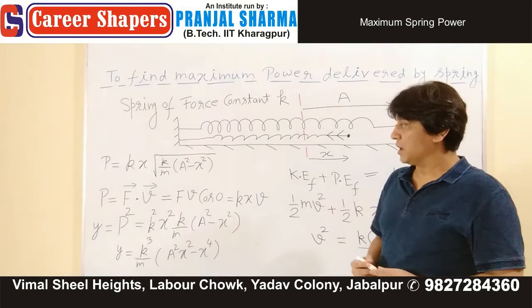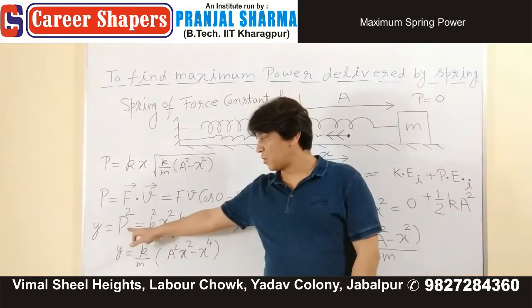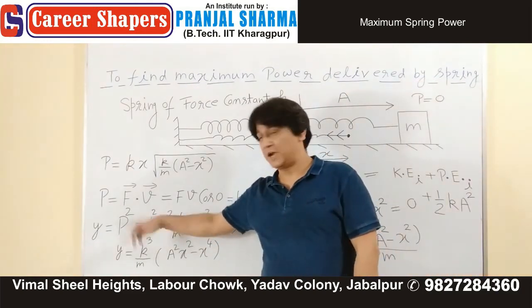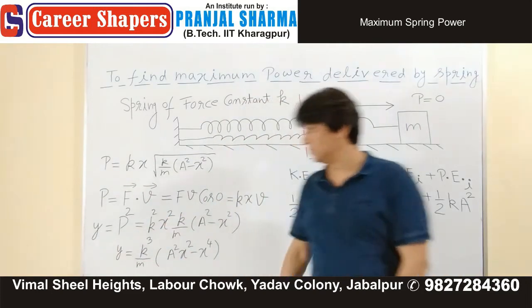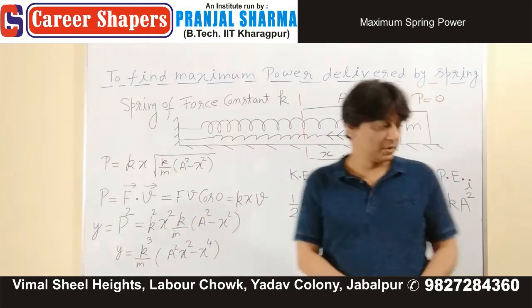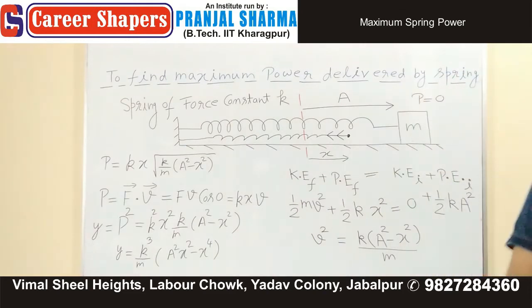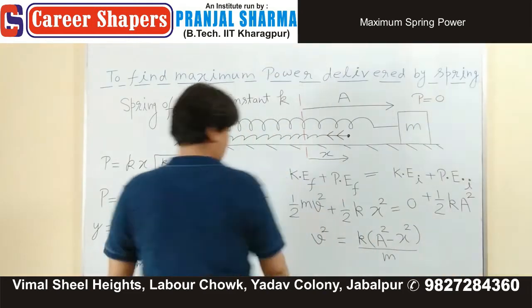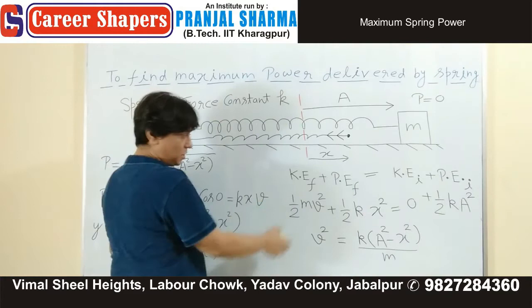Now, for p square to be maximum, that means for y to be maximum, dy upon dx should be 0. Now let's find out this differentiation. Don't forget to note down this part.